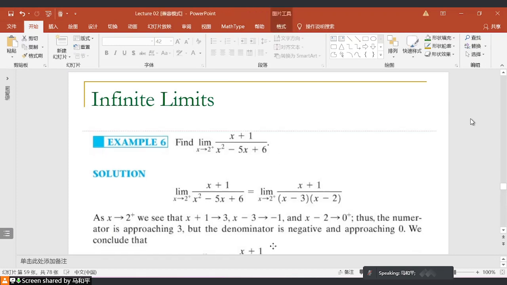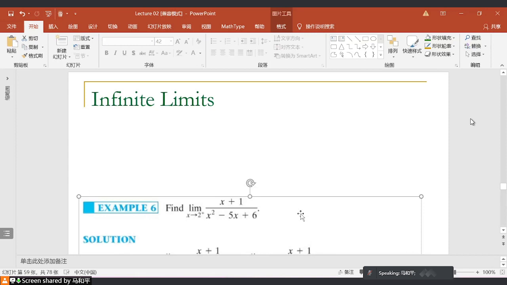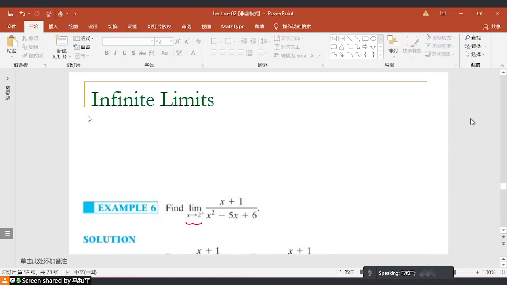Okay, example 6 here, which is different from x approaches infinity. We should notice that this is approach 2 from the right. The numerator is x plus 1, and the denominator we will factor: x minus 3, x minus 2.